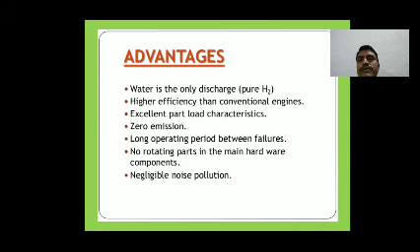Fuel cells do not require conventional fuels like oil or gas. Fuel cells need easy maintenance and a grid is not required. Fuel cells run continuously as long as fuel is supplied. Water is the only discharge.